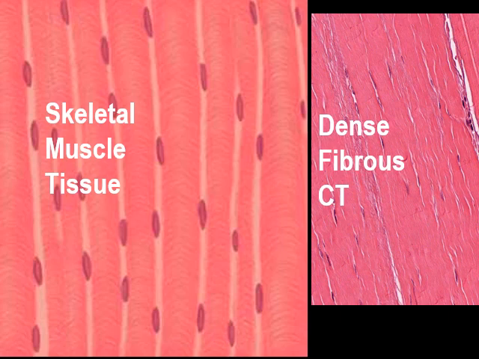Skeletal muscle tissue is composed of cylindrical and striped cells known as fibers. Skeletal muscle cells usually contain many nuclei, reflecting that they are the fusion of many precursor cells. Be careful not to confuse skeletal muscle tissue with dense, fibrous connective tissue regularly arranged.